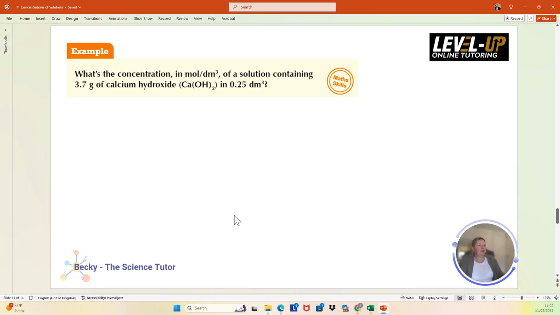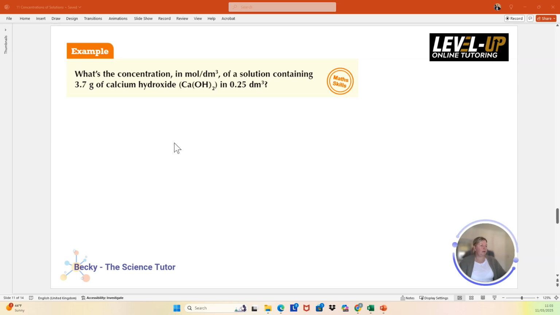Okay, so here we've got what is the concentration in moles per decimetre cubed of a solution containing 3.7 grams. So because here we've got 3.7 grams, we need to convert that to moles. So we're going to have to bring in our moles calculation as well.